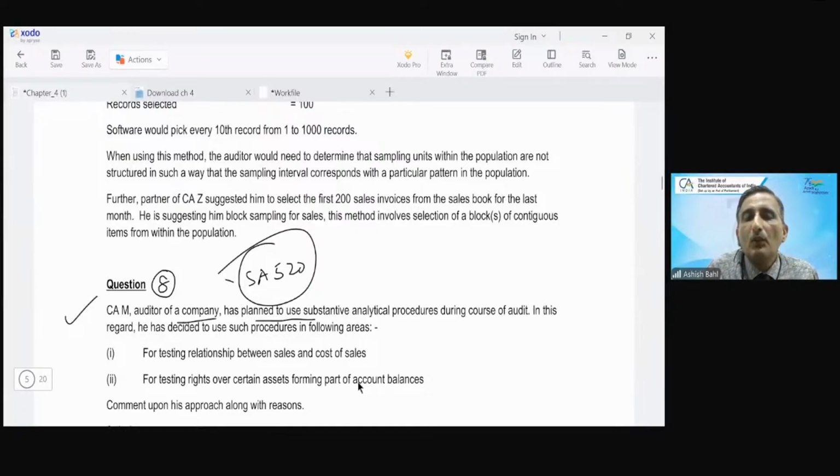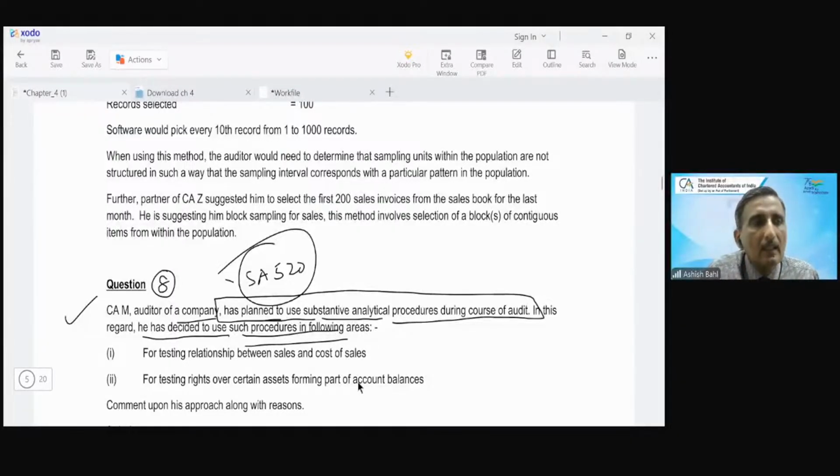He has planned to use substantive analytical procedures during the course of the audit. In this regard, he has decided to use such procedures in the following areas: number 1, for testing the relationship between sales and cost of sales; and for testing rights over certain assets forming part of account balances. Comment upon his approach along with reasons.